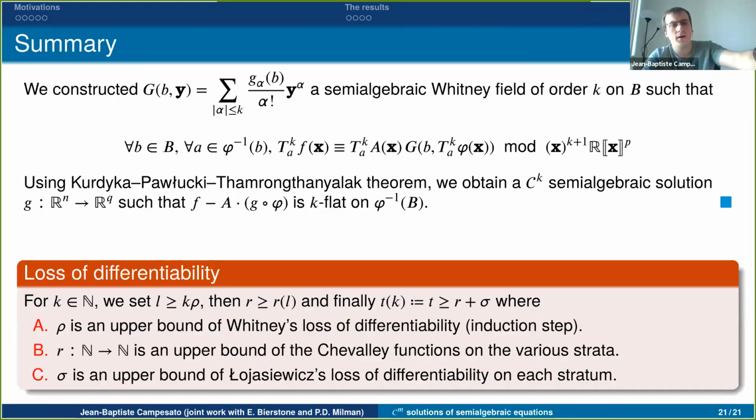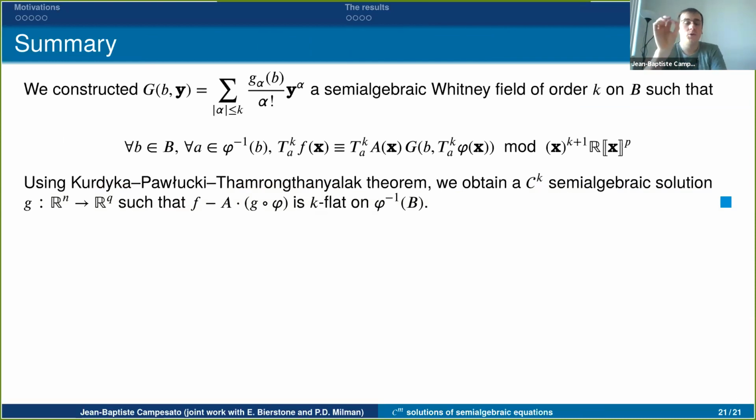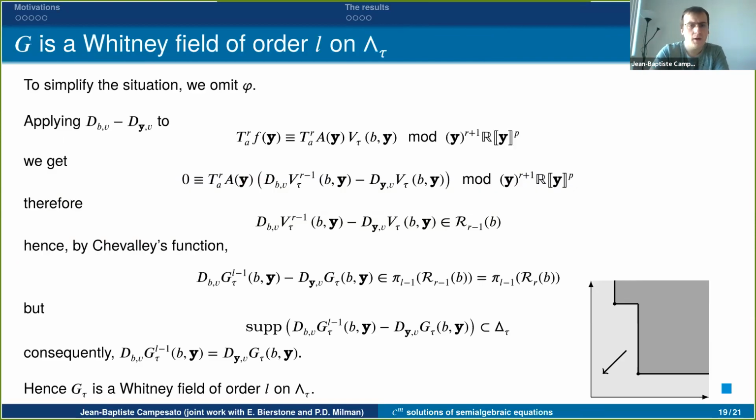So if you have a field whose coefficients are C^1, and such that the formal derivative coincides with the derivative of the coefficients, then actually we have a C^l Whitney field.